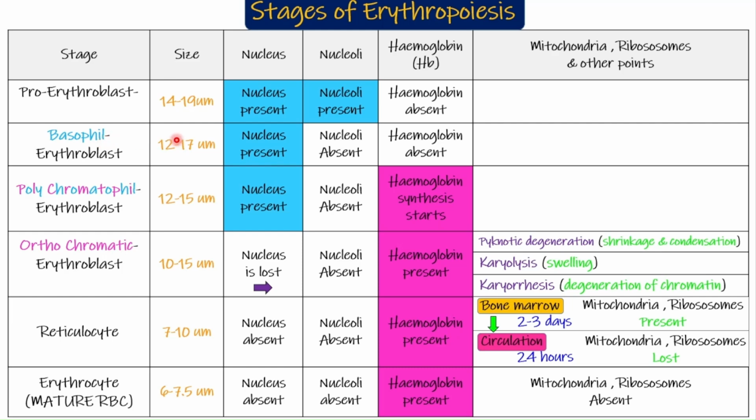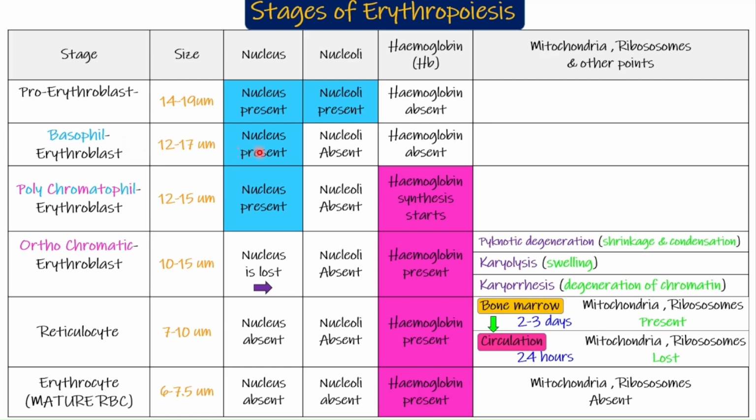That's why I have labeled all the stages where the nucleus is present as blue, and all the stages where the hemoglobin is present as pink. Okay, so the basophil erythroblast is known as basophilic erythroblast because it is stained with a basophilic dye, because it has nucleus in it.